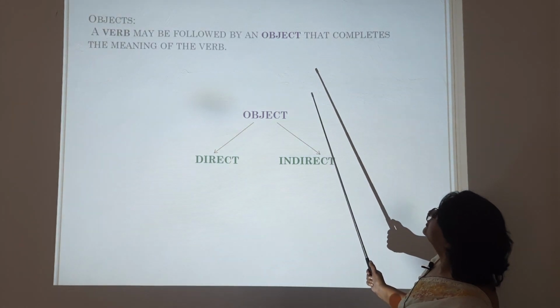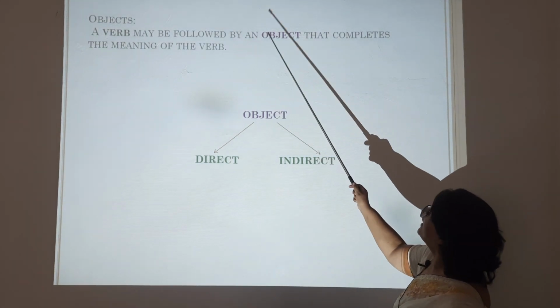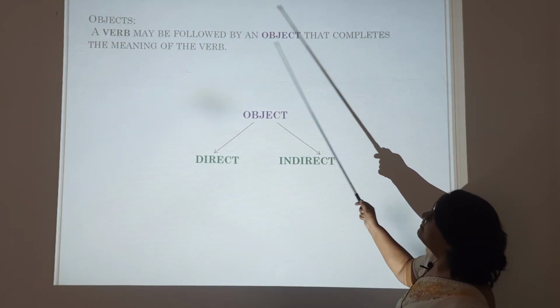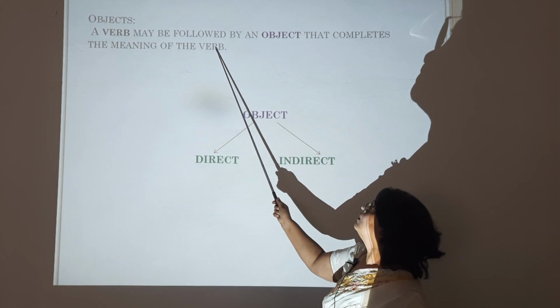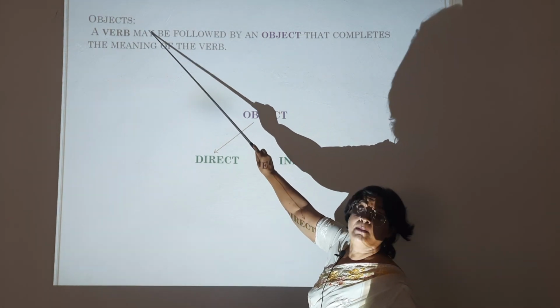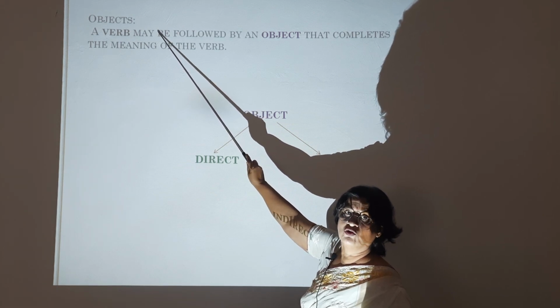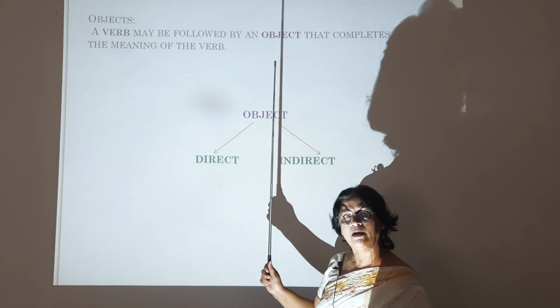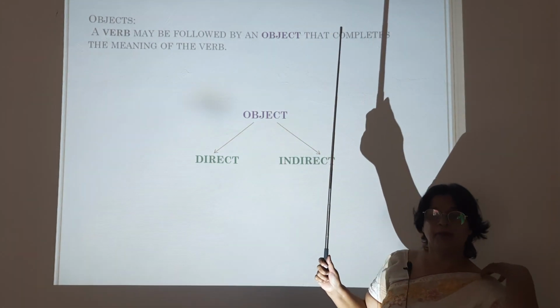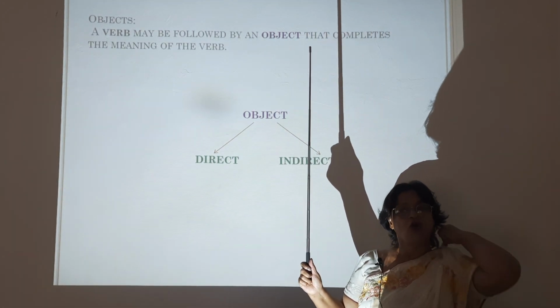So understand one thing, a verb may be followed by an object that completes the meaning of the verb. Look at this, it is said may, not necessarily. It may follow. So an object might be there, it might not be there, but a verb is always there.